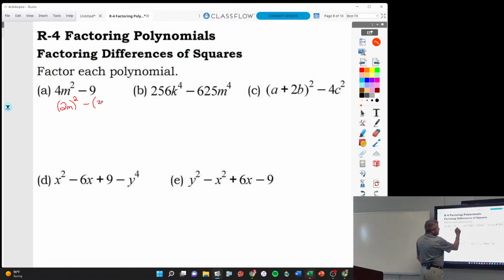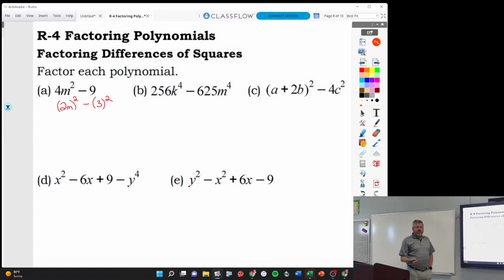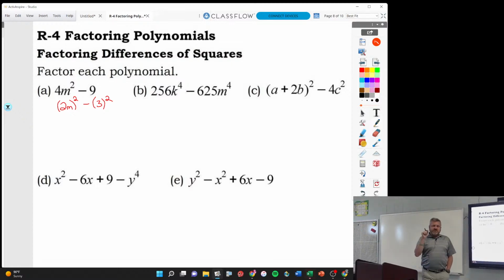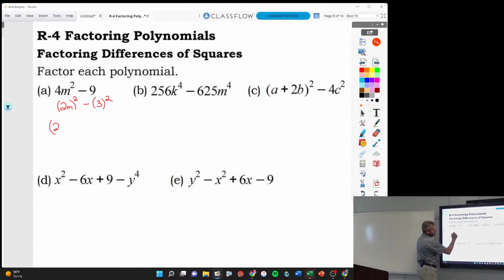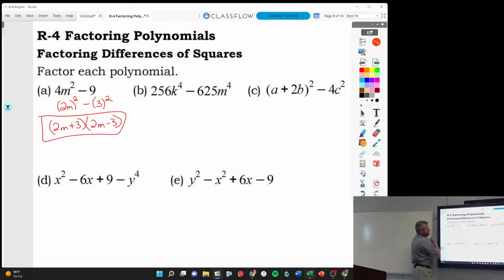It comes from 3 squared. So if we know that formula of x squared minus y squared equals, we know this factors into 2m plus 3, 2m minus 3. And folks, we're done factoring.